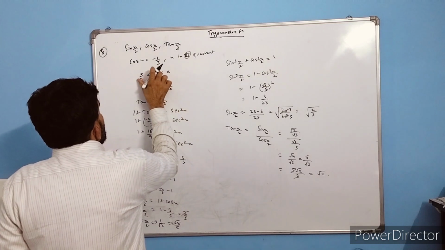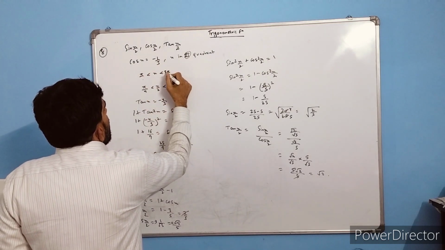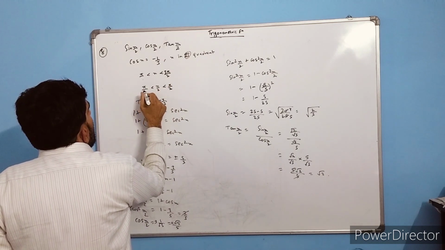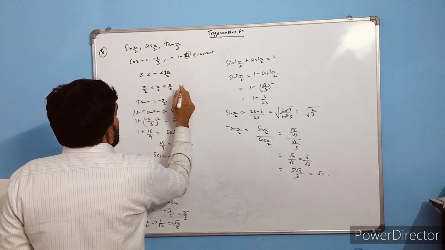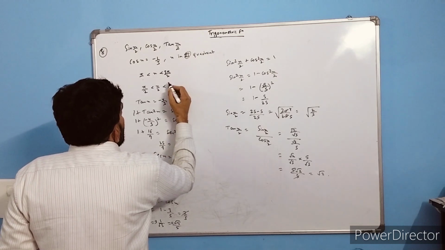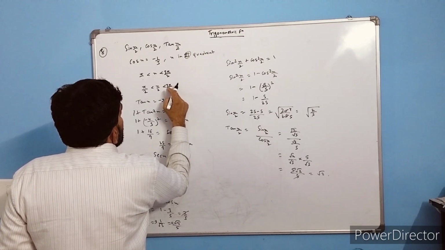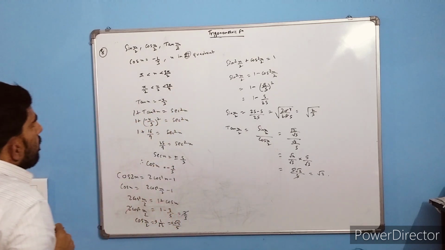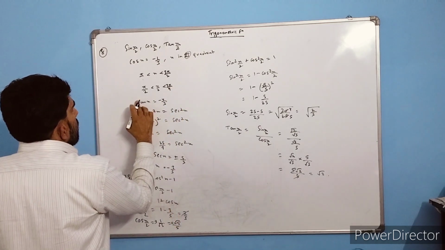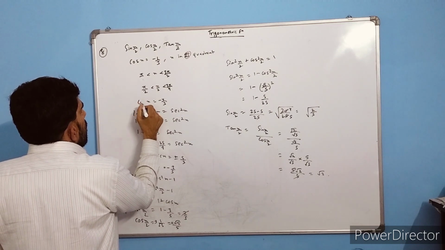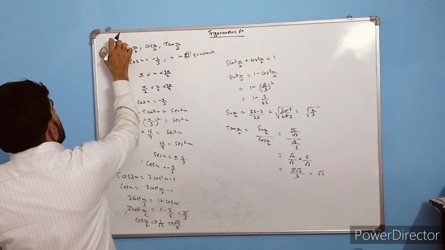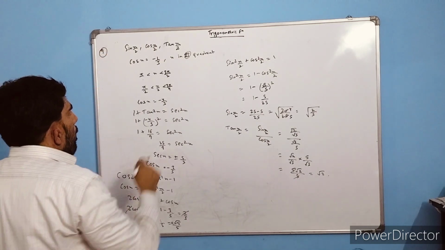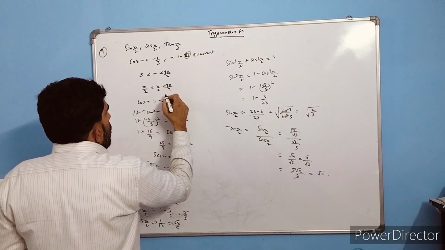Third quadrant we can write like this: pi by 2 as in 2, and here I will write 3 pi by 4. Now they have given cos x, no? This is the ninth numerical I am trying to solve. Cos x is equal to minus 1 upon 3.